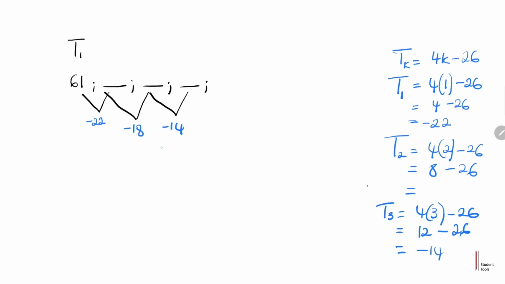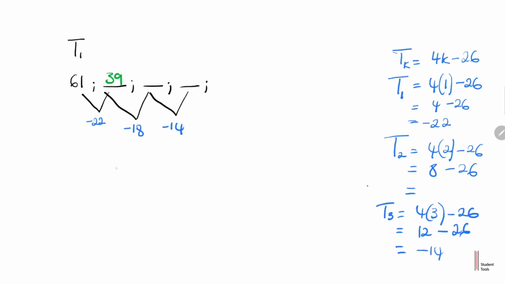So these are the first differences. So to get to the next term, we would have to add 61 and negative 22. So what is 61 plus negative 22? 61 plus negative 22 is 39.